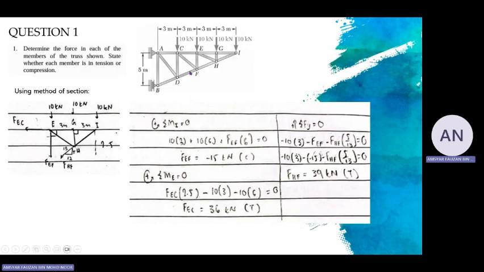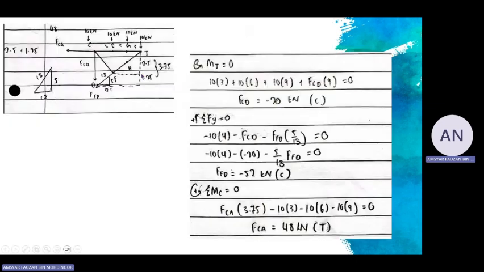We also know that this truss has 4 parts, so 5 over 4 means 1 part equals 1.25 meters. So for point C to D, the vertical value is 2.5 plus 1.25, which means the total vertical value from C to D is 3.75.